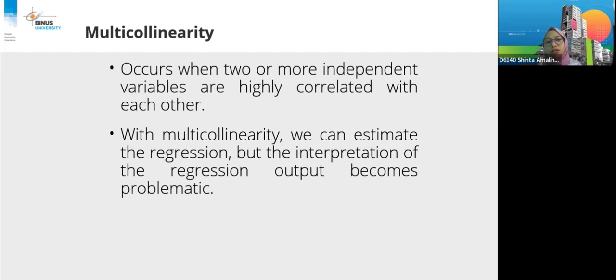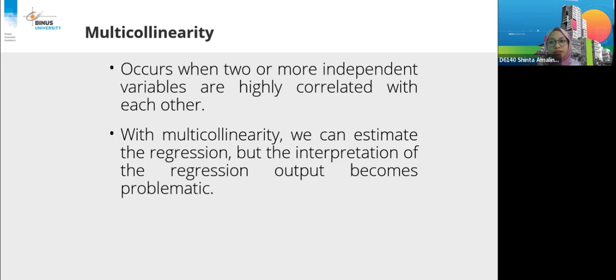Heteroscedasticity and serial correlations are about the data, while multicollinearity is the problem among the independent variables. In multiple linear regression, you have two or more independent variables. We should make sure that there are no correlations between the independent variables. If they are highly correlated, and I'm talking about the independent variables, not the dependent, okay?